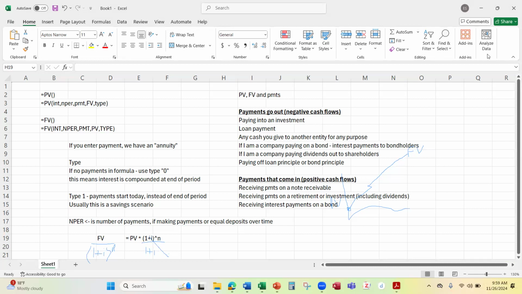So more clearly then, if I put this in typed terms, it would be future value divided by (1 plus i) to the power of n equals present value, right? So those are the same formula, just rearranged, depending on whether I am solving for present value over here, or solving for future value over there.